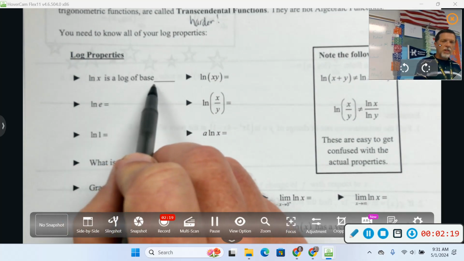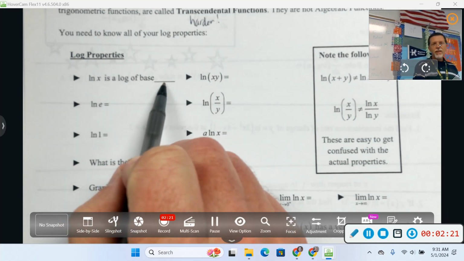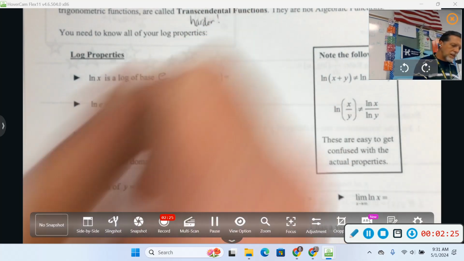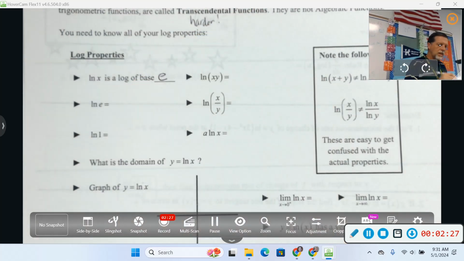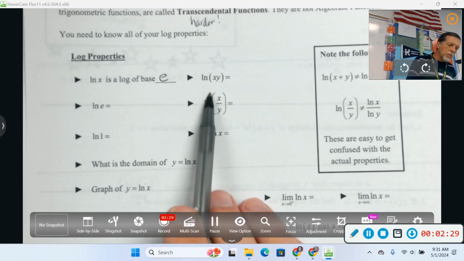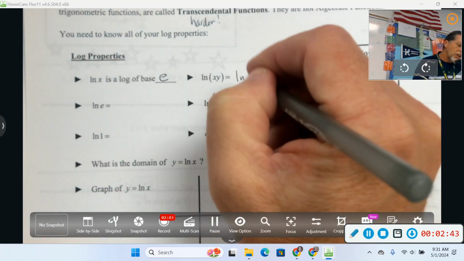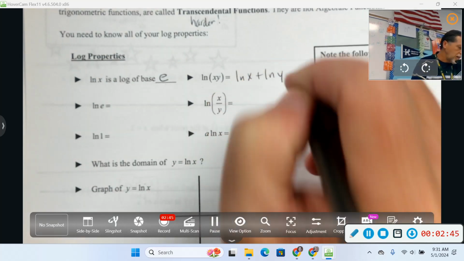Natural log is a log of base, what's the base of a natural log? E. Log base e. Do you remember if you have natural log of x times y, what you can do to split that up? Expanding logs: natural log of x plus natural log of y.